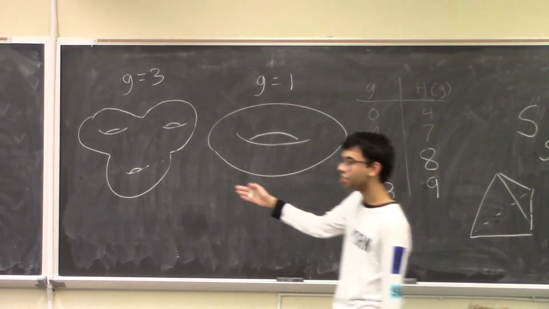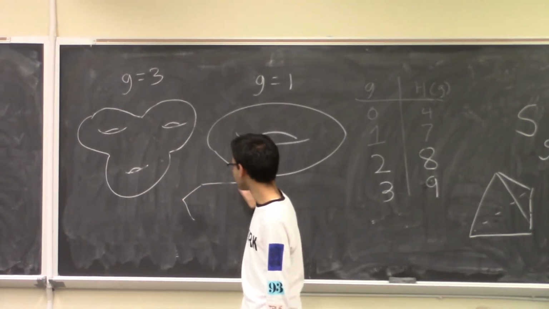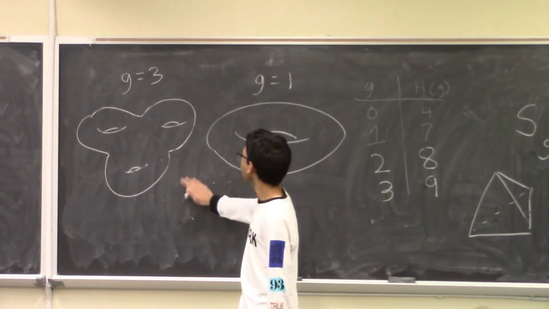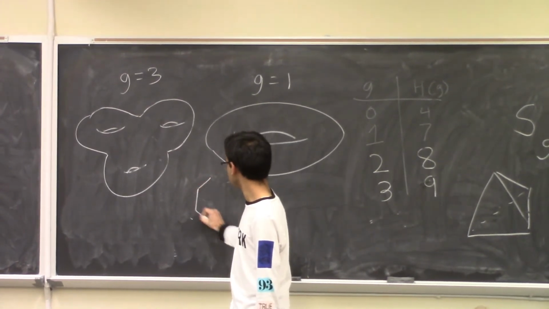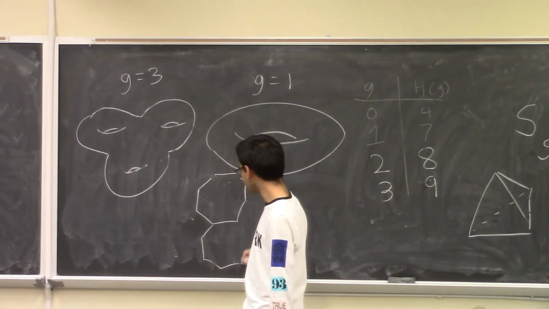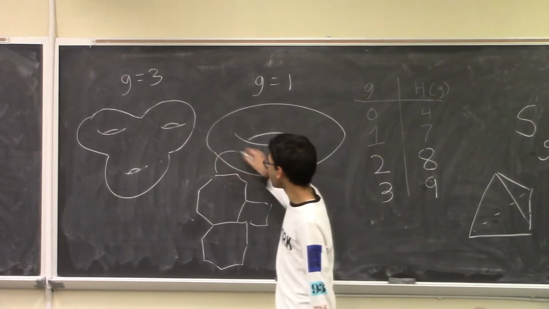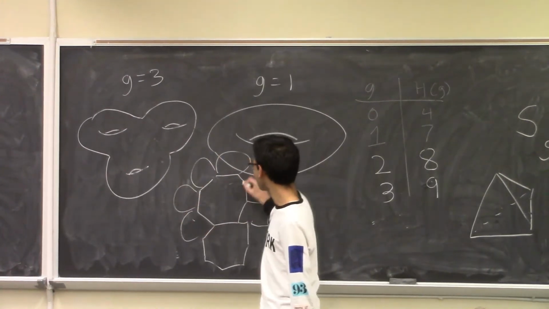You can actually construct them by taking a bunch of octagons, and then gluing octagons along the edges, right? So you have a bunch of octagons, so it looks like a flower, right?